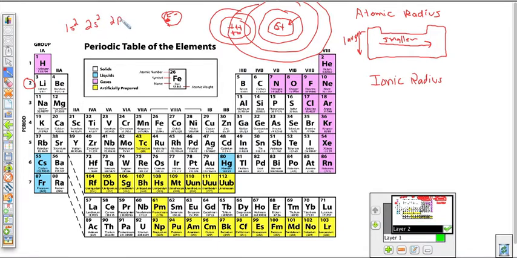Well, it needs another 6 electrons to fill energy level number 2, or shell 2. And so instead of trying to get these 6 in this p orbital, it's just going to get rid of these. So if it gets rid of those, what's that going to do to its size? Well, if it gets rid of this whole outer energy level, it makes it tiny.